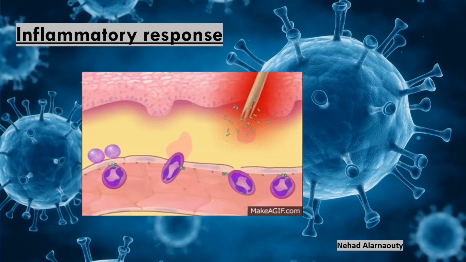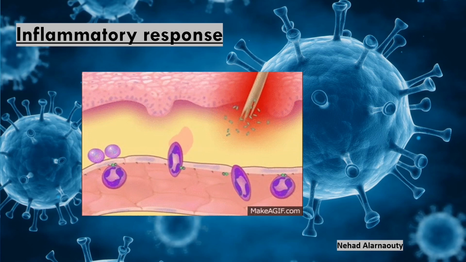The last non-specific immunity is the inflammatory response. It reminds you of the word inflammation, which is the body's protective response against any infection or injury. You can just recall the last mosquito bite, and you will know the meaning of inflammation.